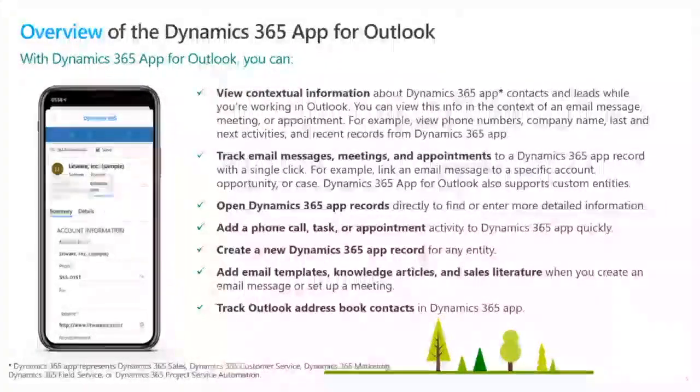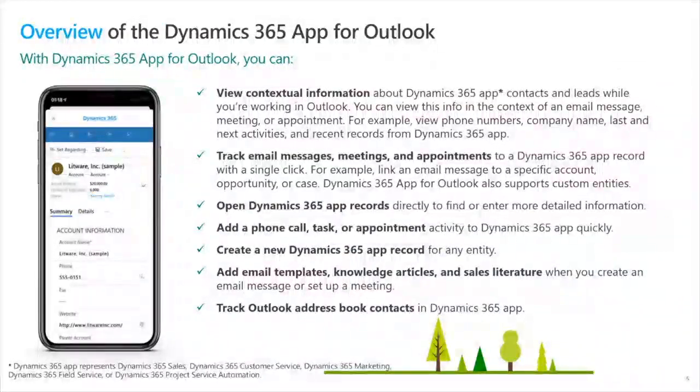You can view everything in the context. So you can view this info in the context of an email message, a meeting, or appointment. For example, you can view phone numbers, company name, job title, last and next activities, and recent records right from the app for Outlook within Outlook without having to leave Outlook.